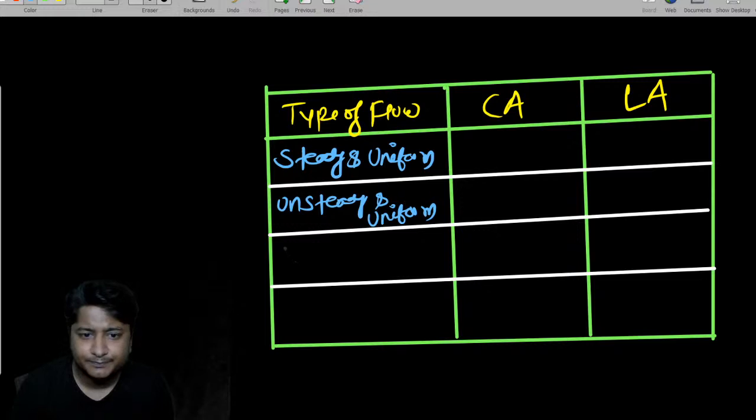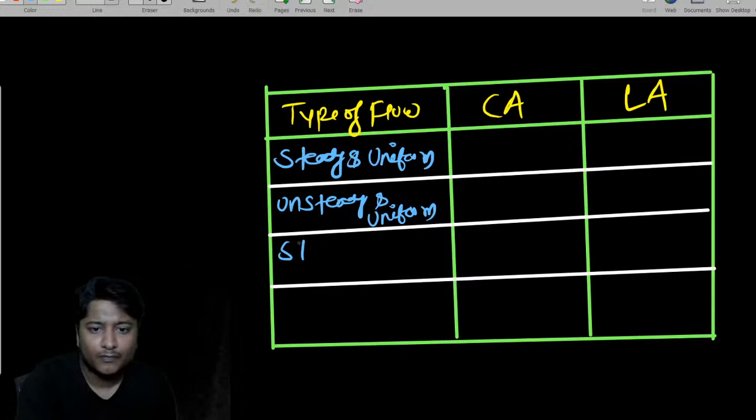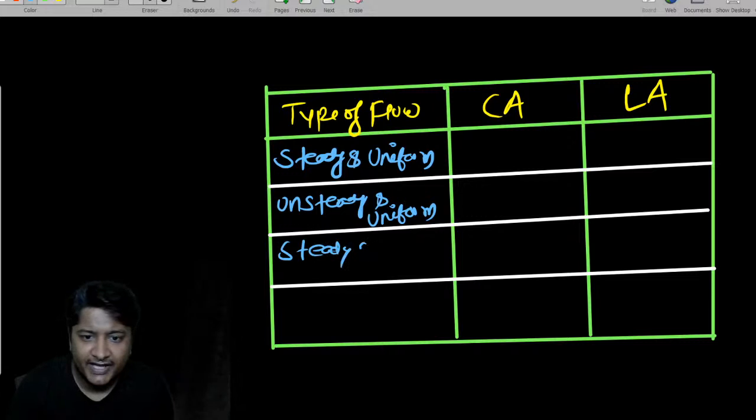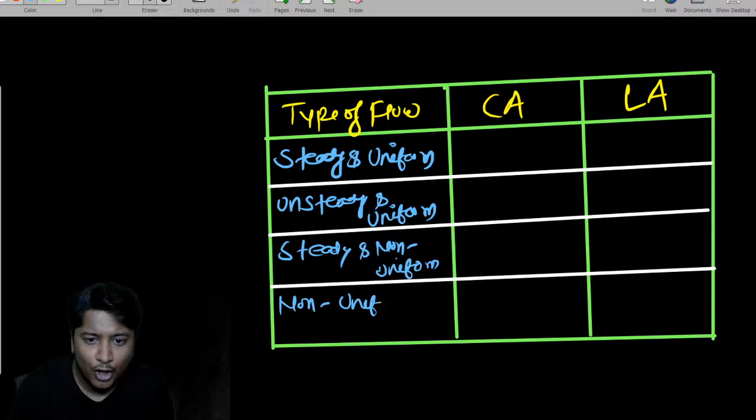Next case, steady and non-uniform. Next one is non-uniform and non or unsteady.